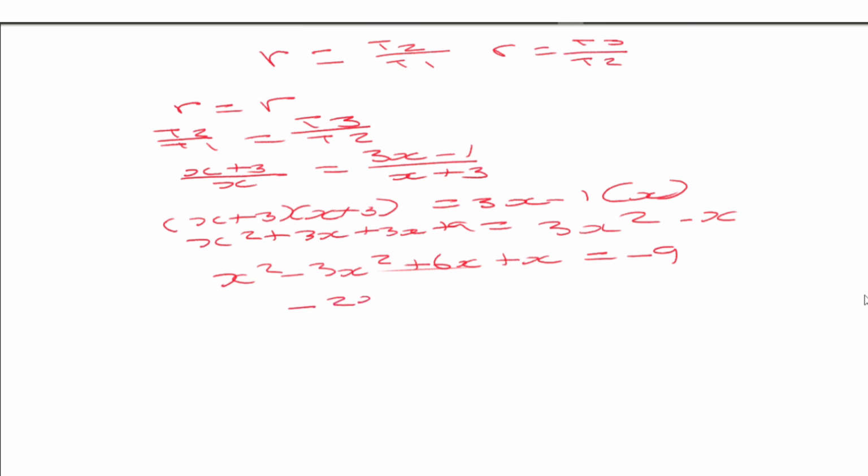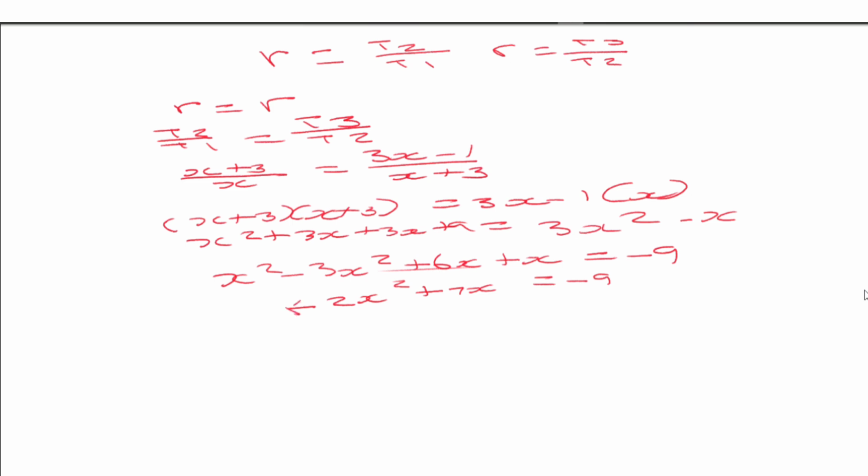So x squared minus 3x squared is negative 2x squared. This plus that is going to be 7x. All of this is going to be equal to minus 9. Because I have an x squared, this means that I could potentially have two values that are equal to x.